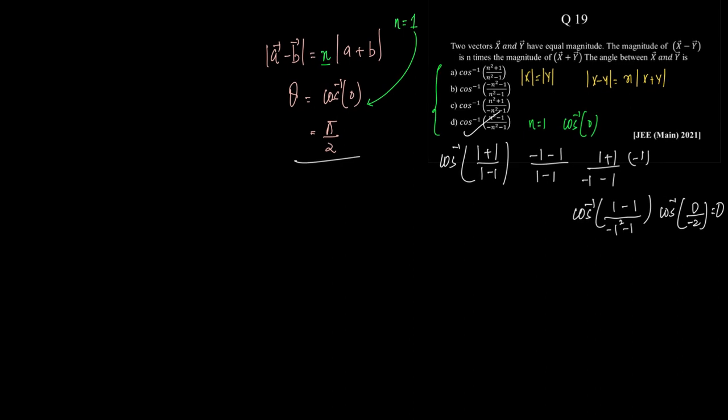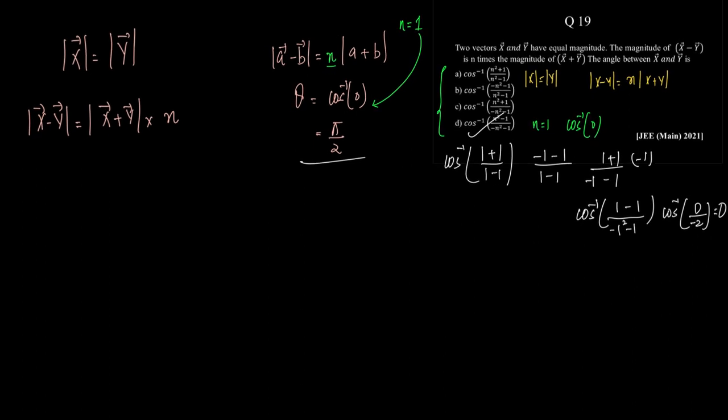We'll write down the identity first. Given that mod of vector x minus y is equal to mod of x plus y times n. Also given that modulus of vector x is equal to modulus of vector y. Now, what is modulus of x minus y?